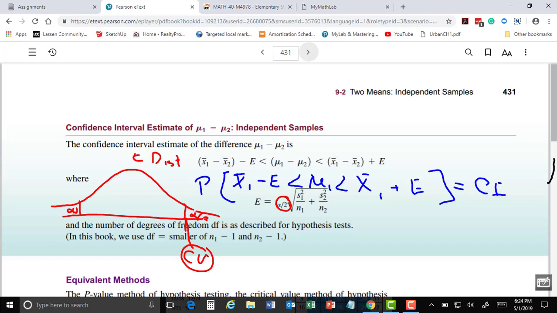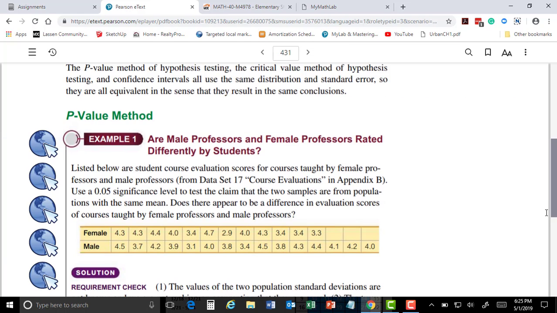You calculate the area, you calculate what your z value or your t value is. That's a t critical value here, and a t critical value here. So that critical value enters in through here where there's a t. Can't see it, but there's a t sub alpha over 2. As we go through, you'll see it's pretty much equivalent to the single case, except you have to take into account both samples.